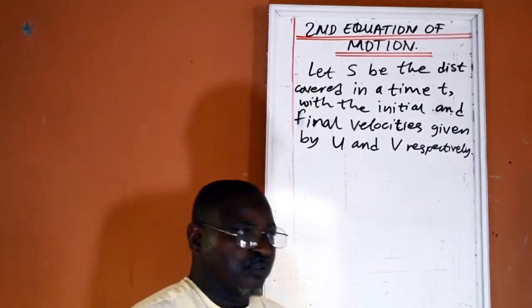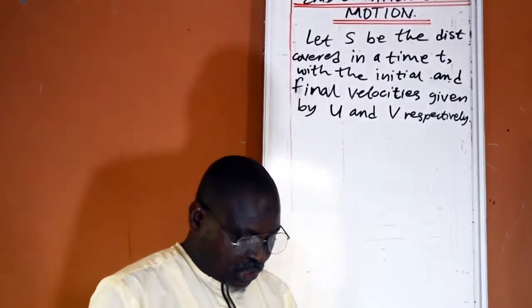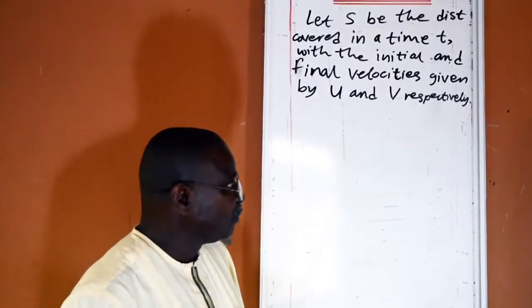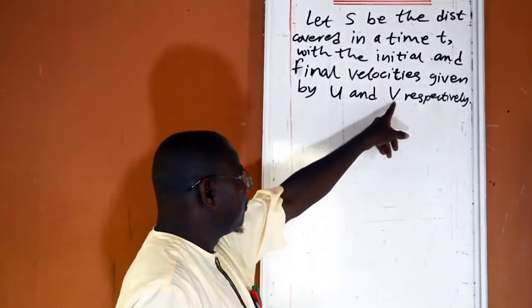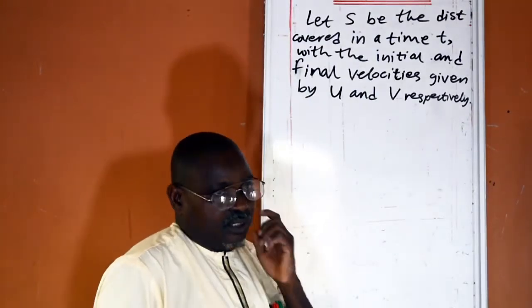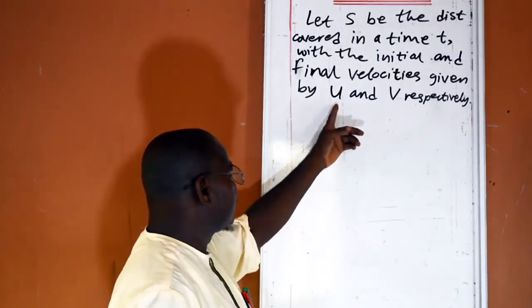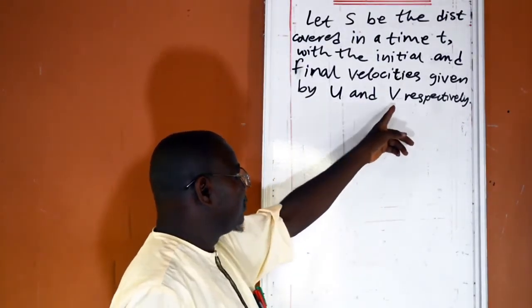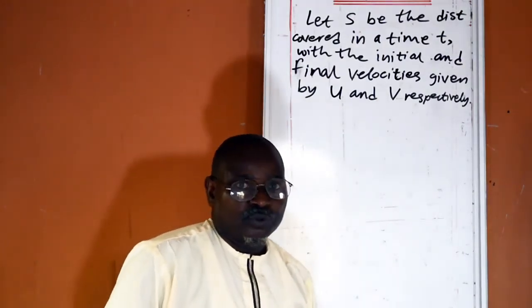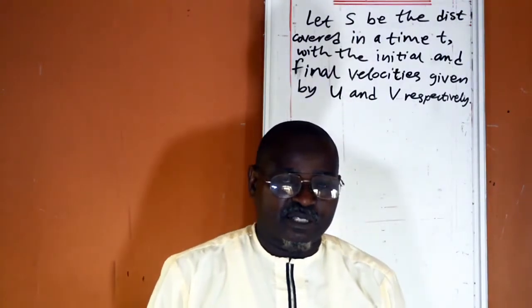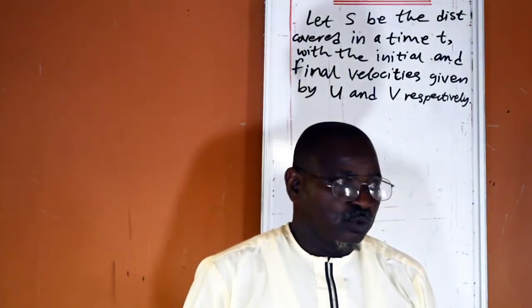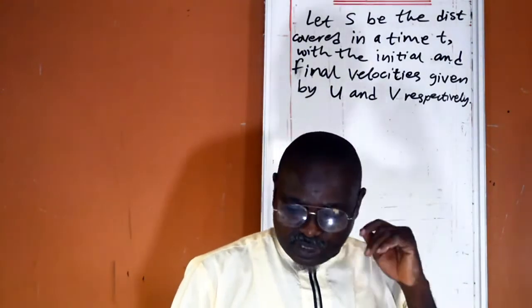Like if you want to find the average age of 2 children, U for Umar, V for Victoria. If Umar is 10 years old and Victoria is 12 years old, we add 10 plus 12 and divide by 2. 22 divided by 2 will give us 11.